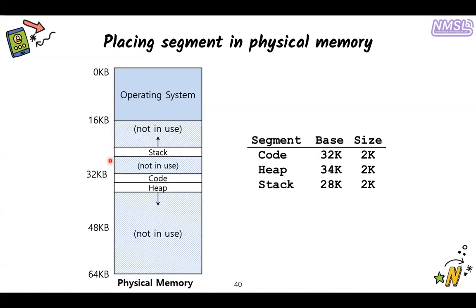Here we have code starting at 32K. So we list that. The size is 2K. Heap starts at 34K. Current size is 2K. Stack, on the other hand, starts at 28K. We're going to talk a little more about it later, but stack goes in a different direction. So size is 2K, but it actually goes in the other direction.